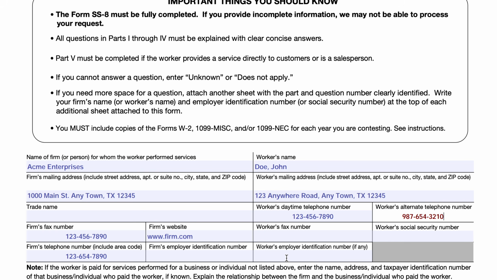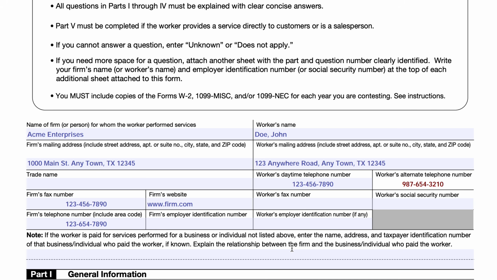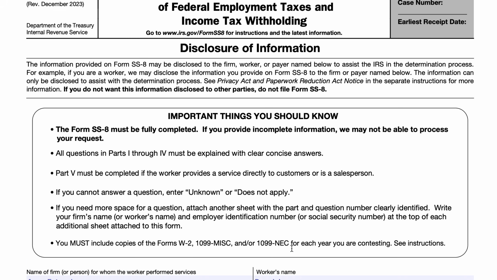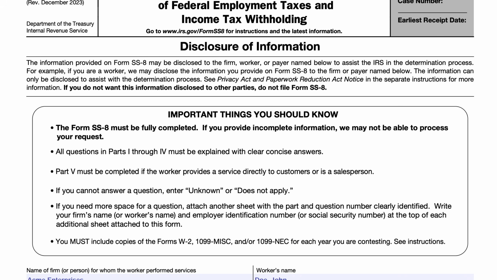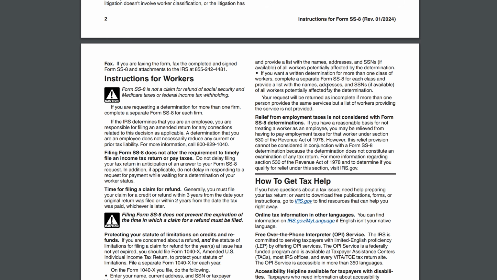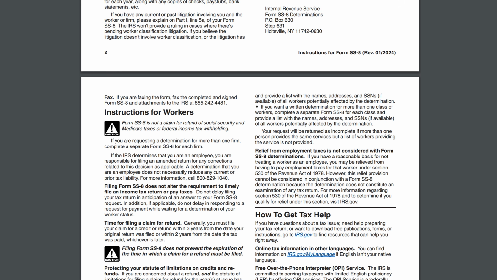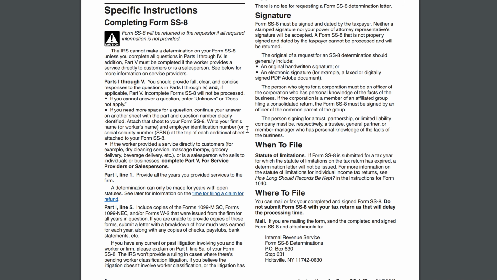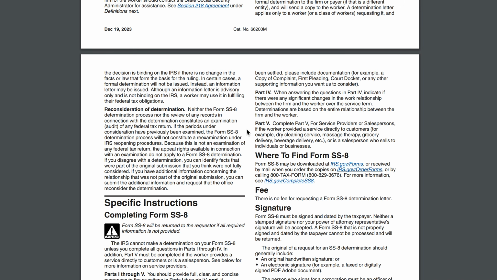If the worker doesn't have an employer identification number, then don't put the worker's employer identification number. I'm looking at the instructions just to clarify that you don't put your social security number in. I don't believe that you do.